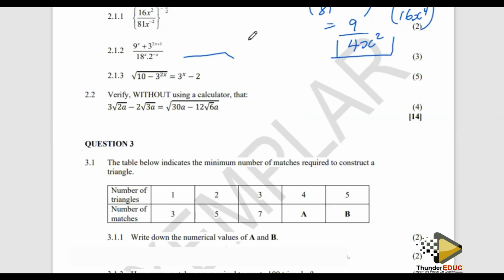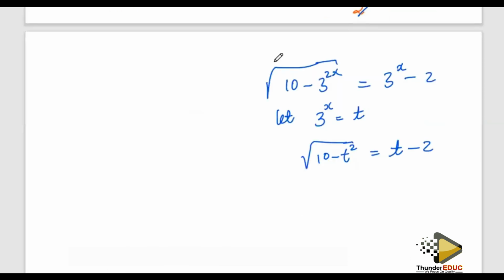It's worth the struggle. So what I'm going to do, I need to square both sides so that I get rid of the root sign. So that's going to be this squared and then that squared. So the 2 kills the root sign. I'll be left with 10 minus t squared.